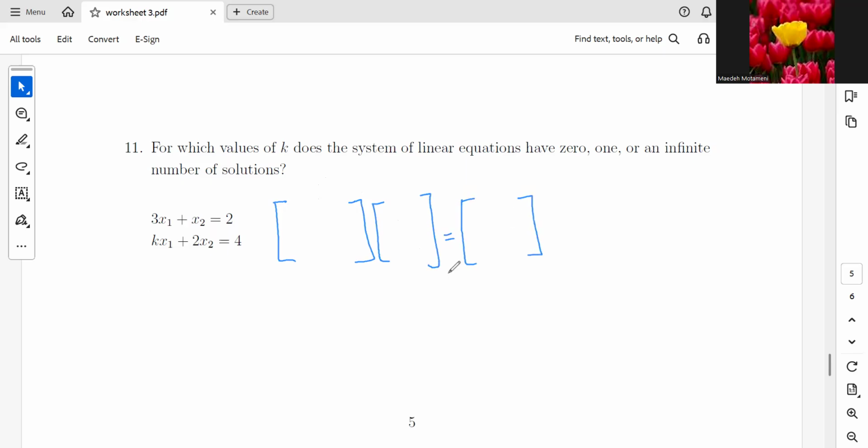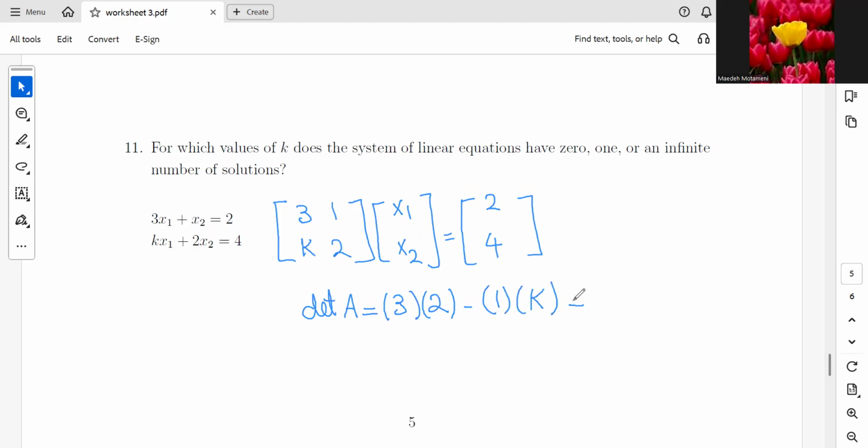As we have seen before, this will be the matrix of constants, this will be the matrix of variables, and this one will be the matrix of coefficients. Let's find the determinant of A. That would be 3 times 2 minus 1 times k. It means 6 minus k. So if this is 0, it means that k is 6.